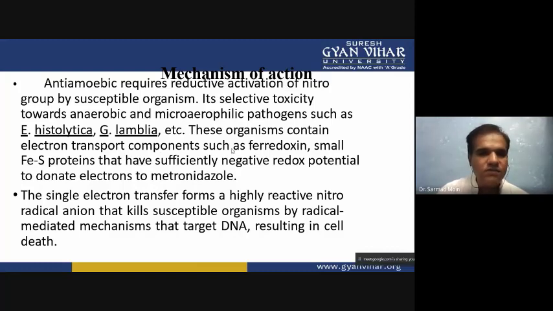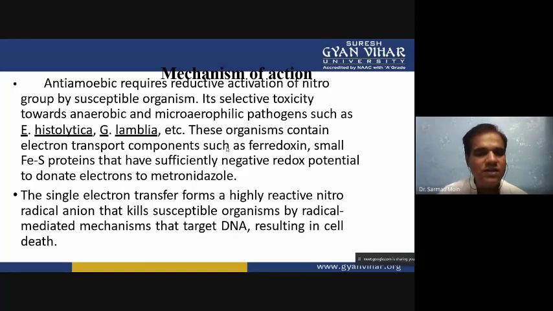So the most effective type of anti-amebic is metronidazole, and we are giving this metronidazole to the affected patient. So metronidazole will act on the electron transport components such as ferredoxin, the small iron sulfur protein, and these parts of the protozoa will be affected by the metronidazole, so that they will be killed easily by this type of compound. So single electron transfer forms a highly reactive nitro-radical anion that kills susceptible organisms by a radical mediated mechanism that targets DNA, resulting in cell death.